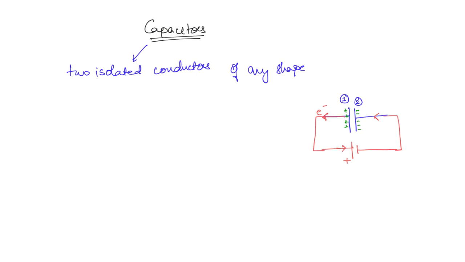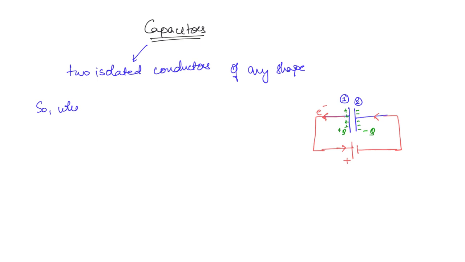So this is how the charge will be accumulated on either plate of the capacitor, and the magnitude of accumulated charge is going to be the same. Here it is plus Q and here it is minus Q. It also means that the entire capacitor is electrically neutral.